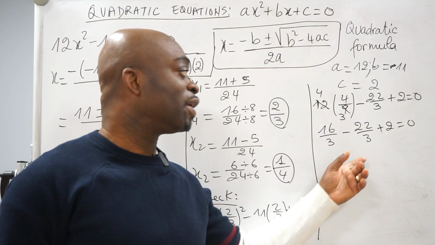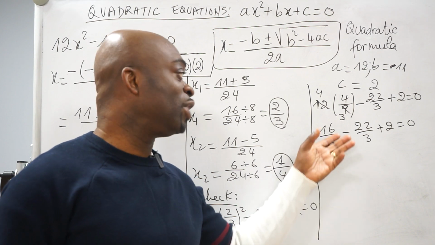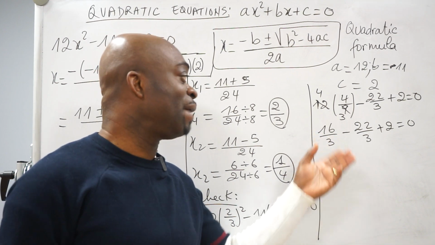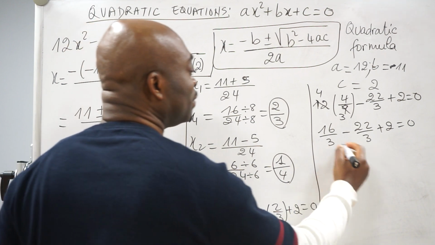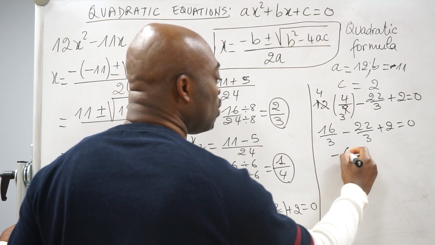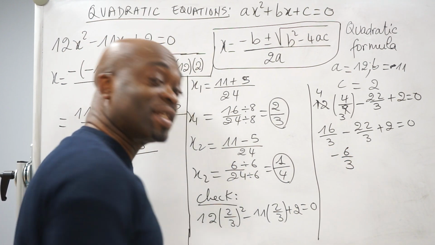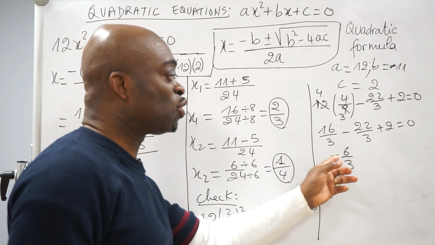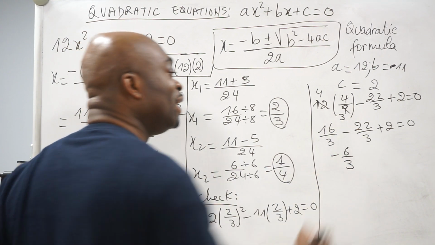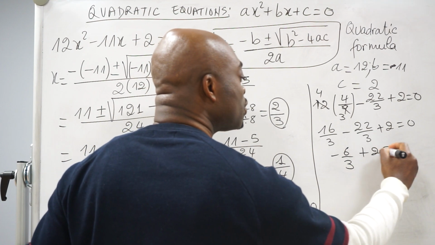Because these two carry a common denominator, we can go ahead and operate on them. That means 16 minus 22, which is going to give us negative 6 over 3, because they have the common denominator, which is 3. So you keep the 3 underneath, and 16 minus 22 is negative 6, right? And then plus 2 equals 0.